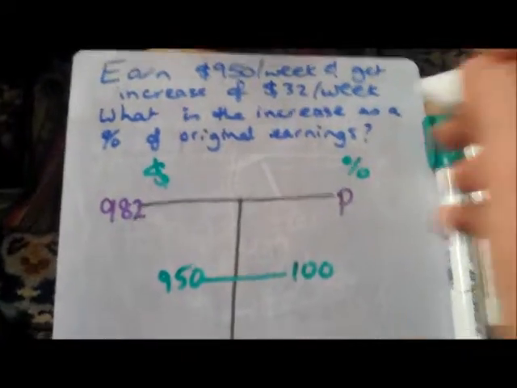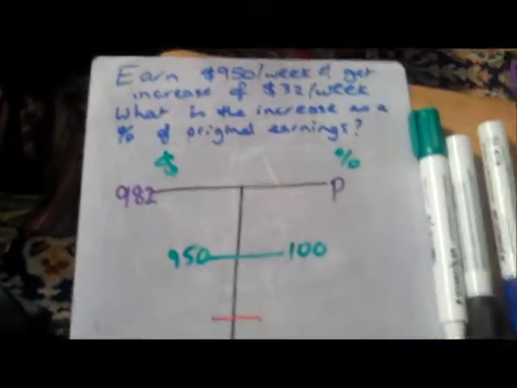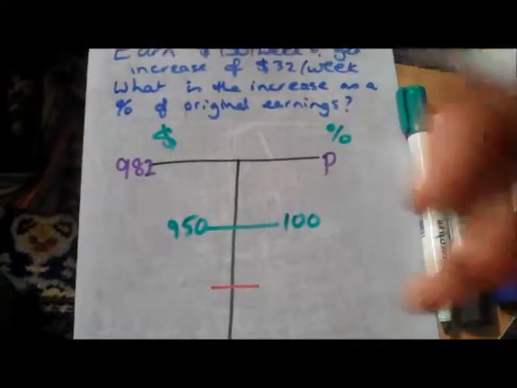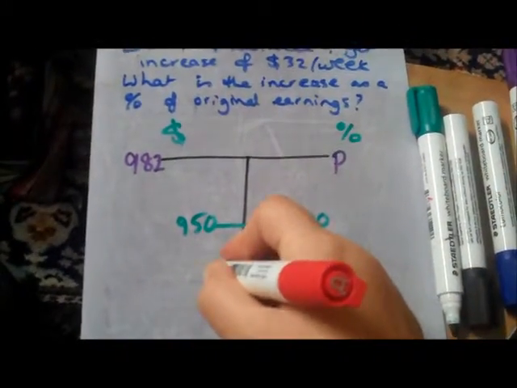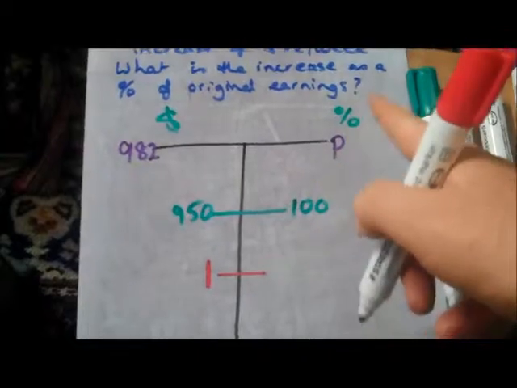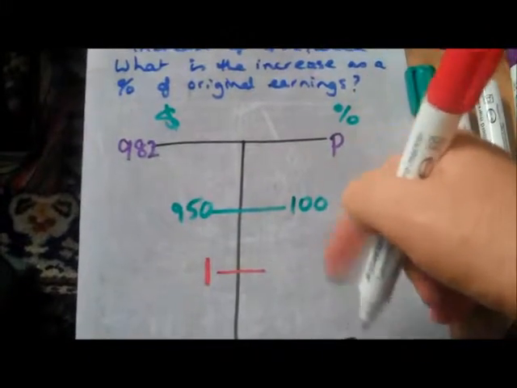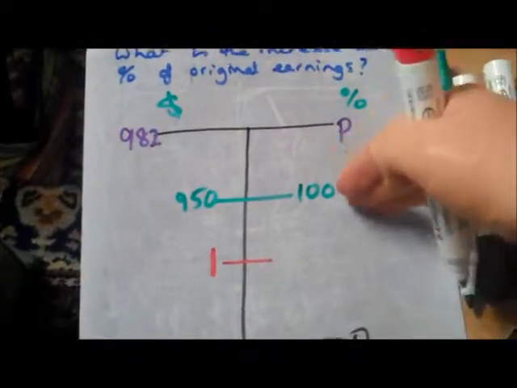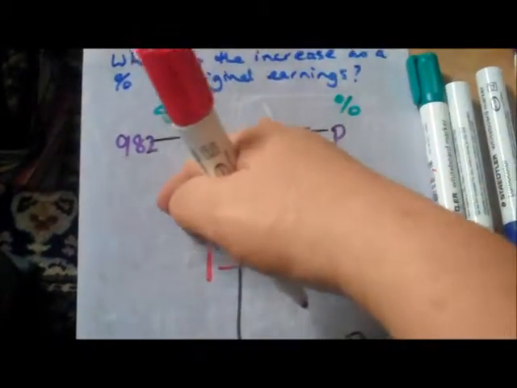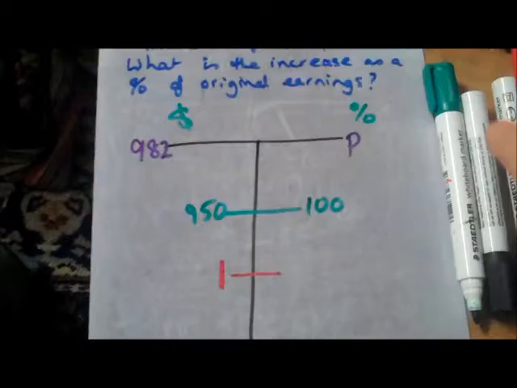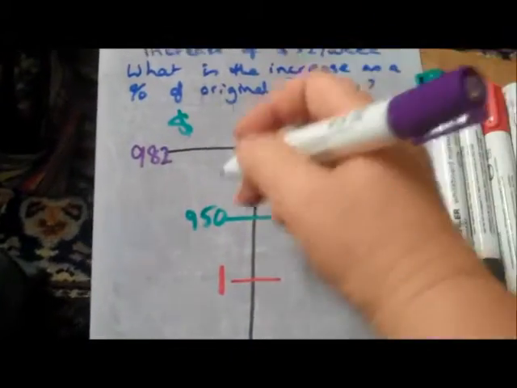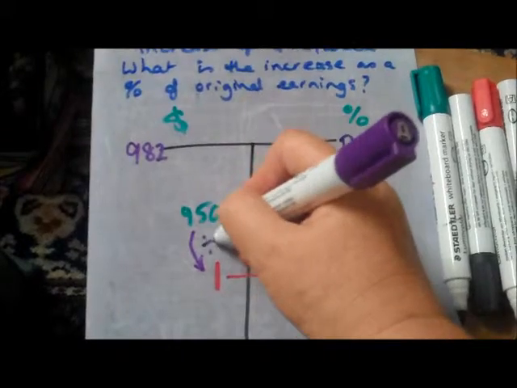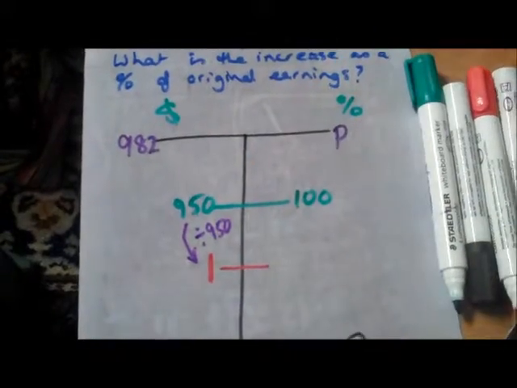So let's have a look. Do I start on the left or on the right? Where do I have two values? This time it's on the left hand side, so I need to put my 1 here. I can't work with this side because this has got unknowns. I can't work at this level because it's also got unknowns, so I have to start on this side here. So I'm going to go from 950 down to 1, which means I have to divide by 950.